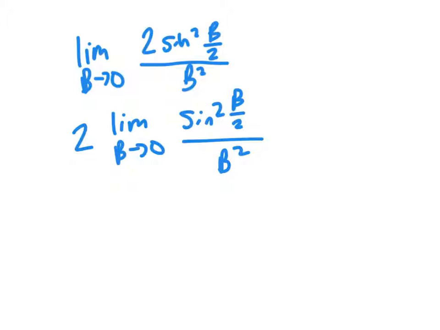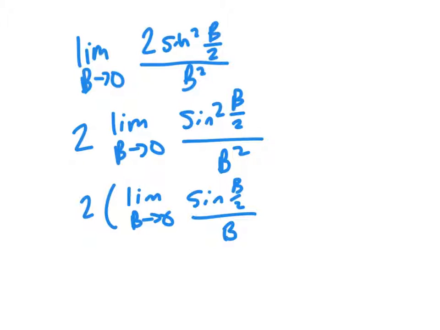Notice that the numerator and the denominator are both squared, so we can actually write this limit in this form. The limit of a square is the square of the limit. Limit as beta approaches 0 of sine beta over 2 over beta, and we'll square the whole thing.